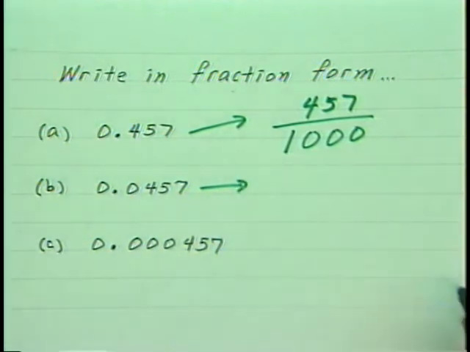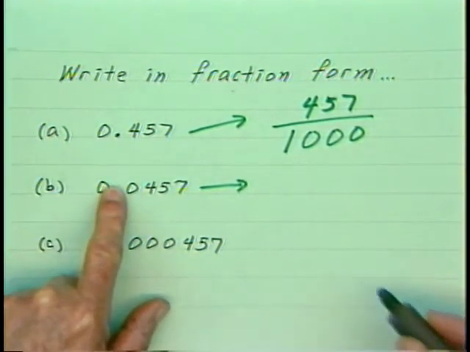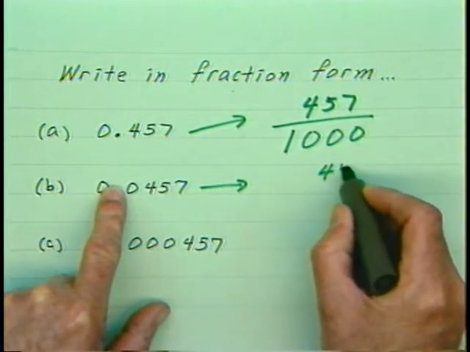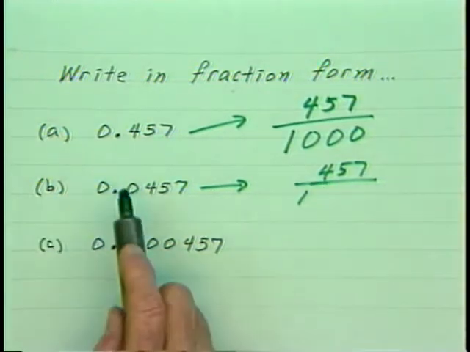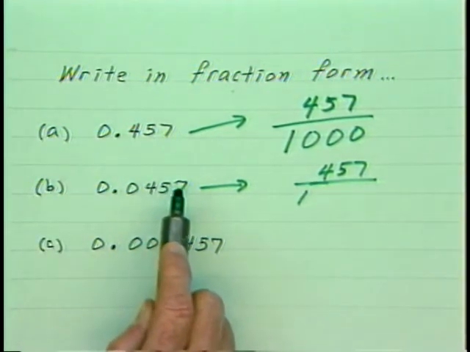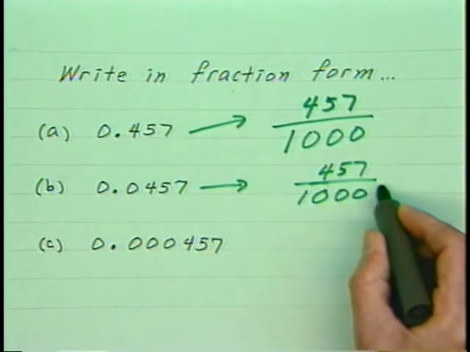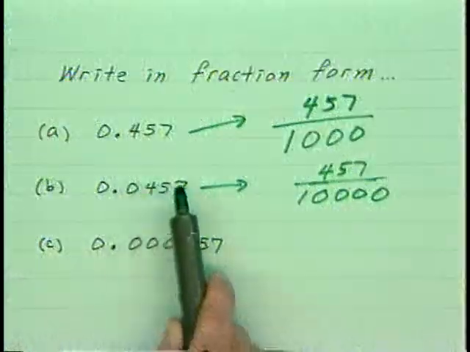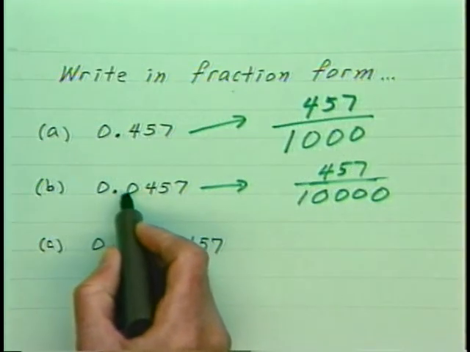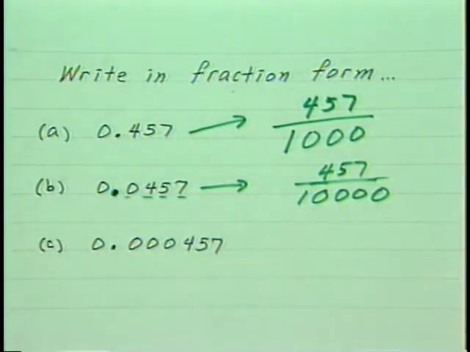Whereas on the next one, without the decimal point, we still have the number 457, but over a 1 followed by 1, 2, 3, 4 places. Now please note, I am not counting zeros, I am not counting numbers, I am counting decimal places starting at the decimal point.